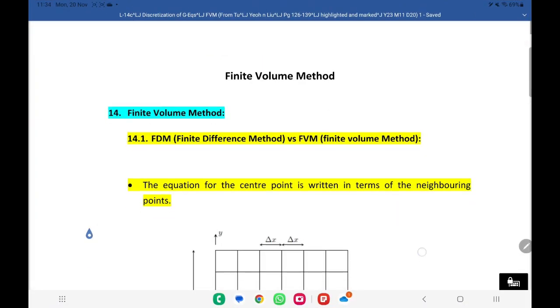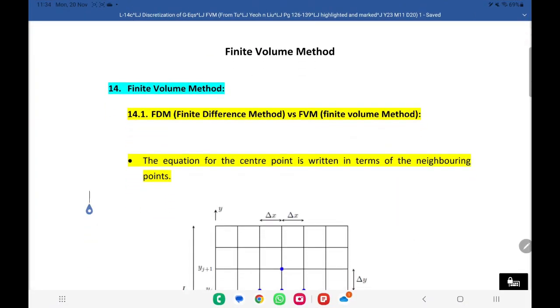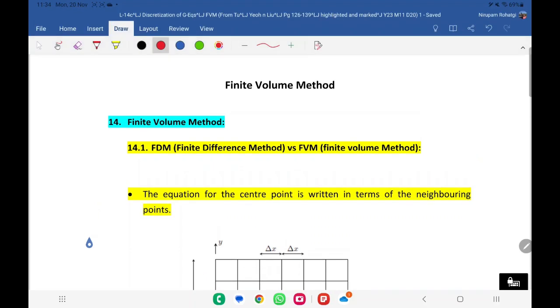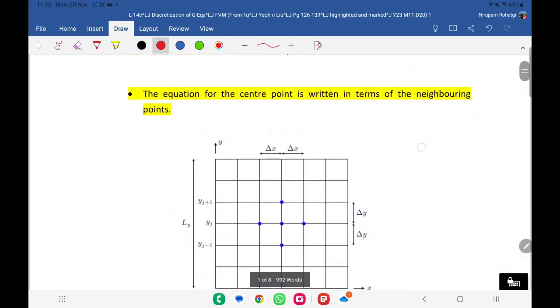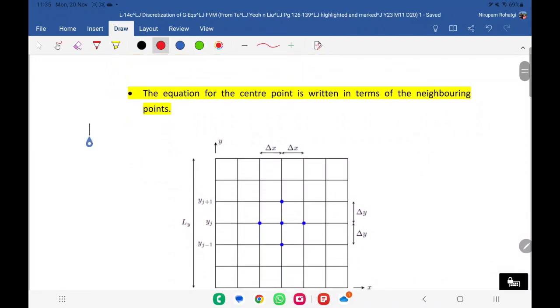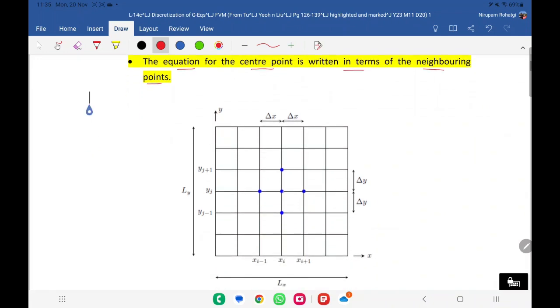In the finite volume method, first we talk about what is the difference between the two. In a FDM method, the equation for the center point is written in terms of the neighboring points. Now you can recall that if you want to write equation for this, we are writing in terms of this point and this.